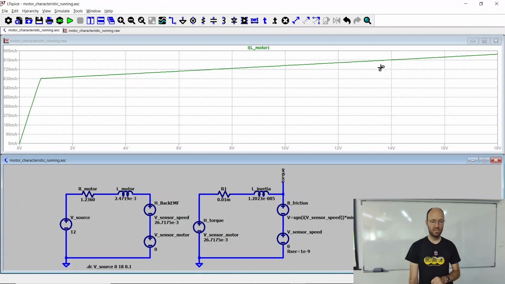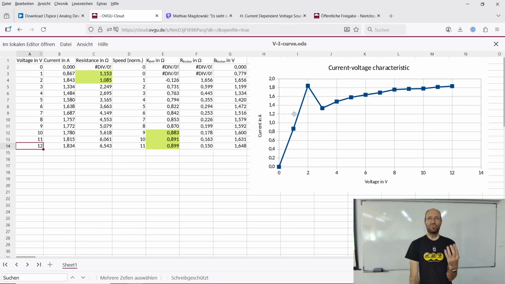The thing is, in our real measurement, we also have kind of an overshooting here, because there's a friction in the motor that once you hit over a certain amount of friction, then the motor starts to rotate. It's a little bit like a slipping force. So you need to be above a certain threshold, and then it will start to rotate, and then the friction gets less once again.